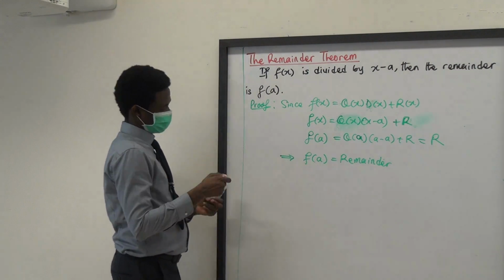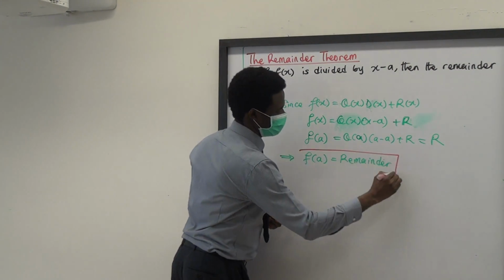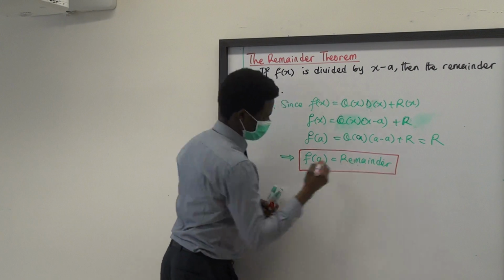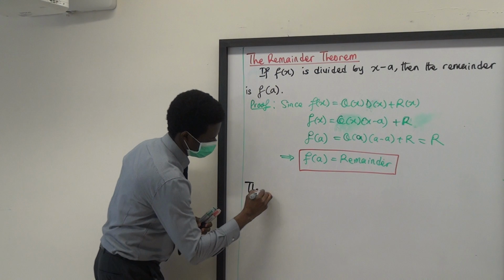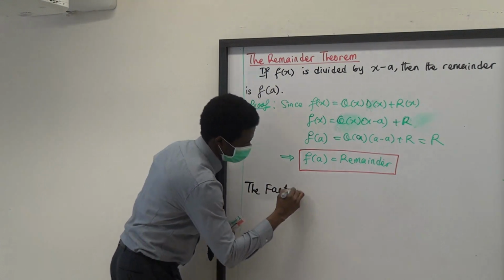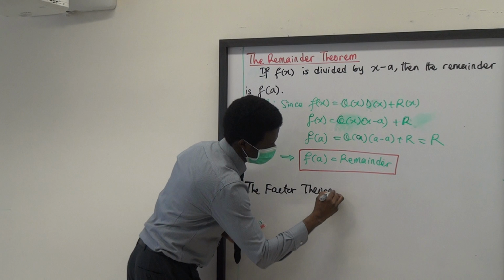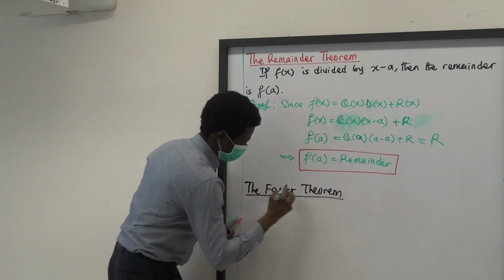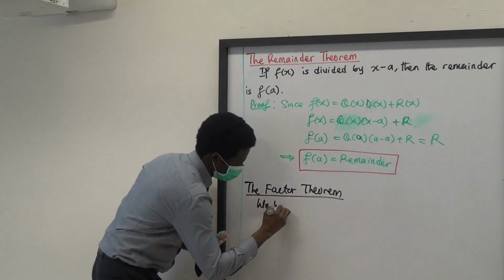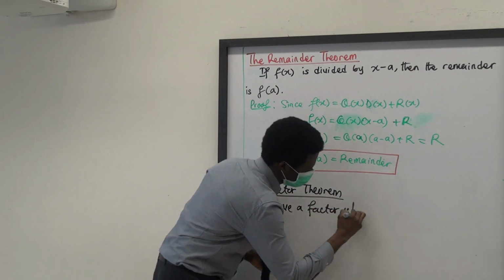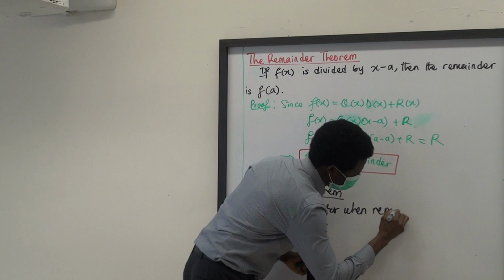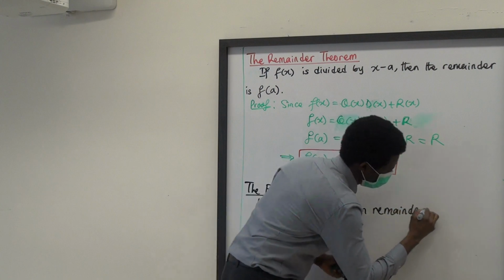And this is what we call the remainder theorem. Okay? Now, if we have a factor, the remainder is 0.